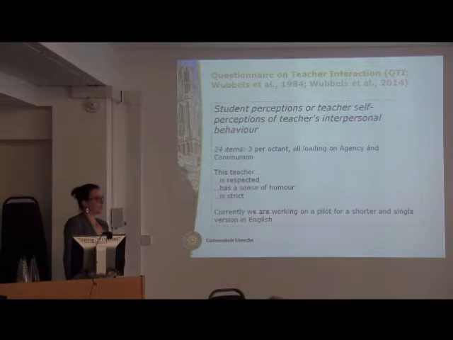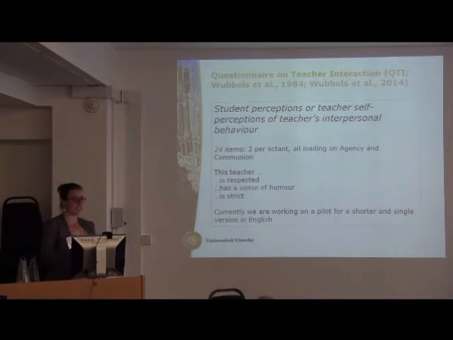It started out as a 77-item questionnaire, and in the last 30 years we've reduced it to a 24-item questionnaire, so it takes less time for students to answer. And it's even more reliable and valid than the 77-item version. We're currently also working on an English version.